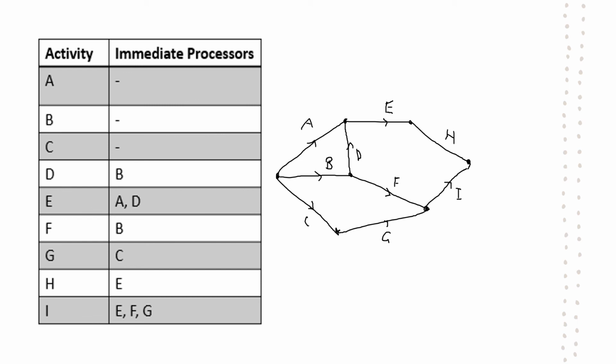So we need E up the top here to be a predecessor of I. So what we're going to do is add a dummy in, just like so. And give it a little dash as well. So what that does is now E, F, and G are immediate predecessors of I, while E is also a predecessor of H as well.